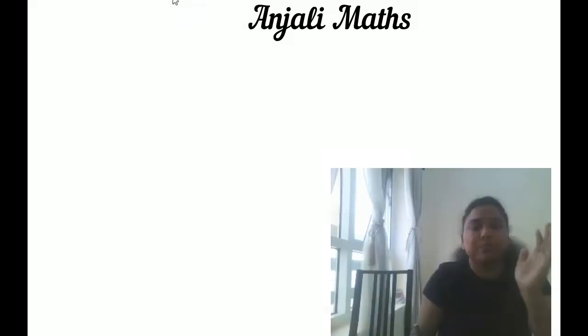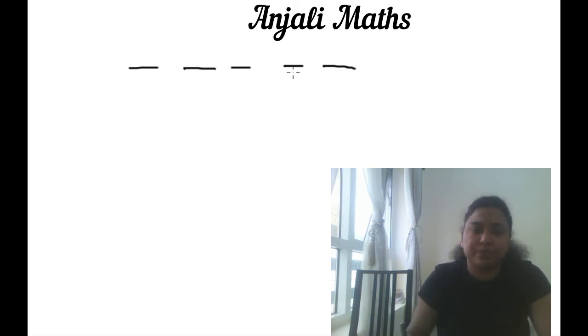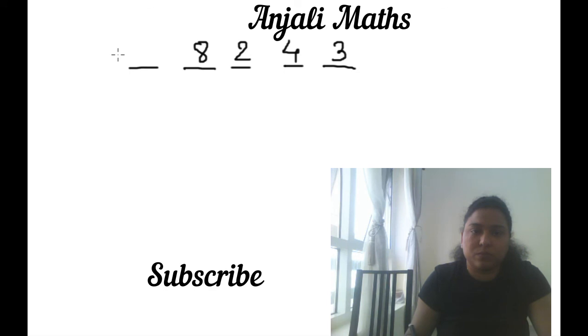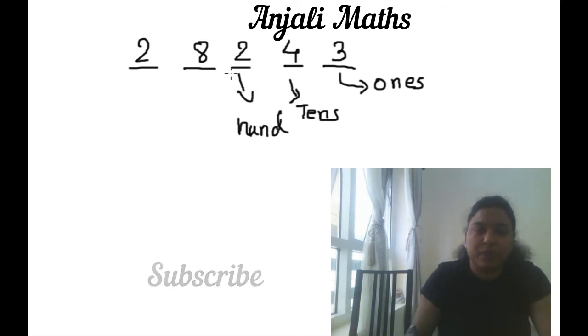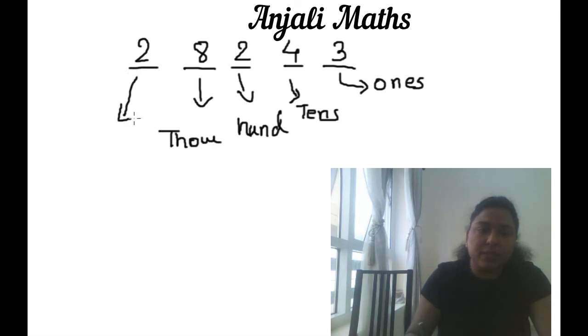Again, the next 5-digit number. This is the ones position, this is tens, this is 100, this is 1000, and this is 10,000.